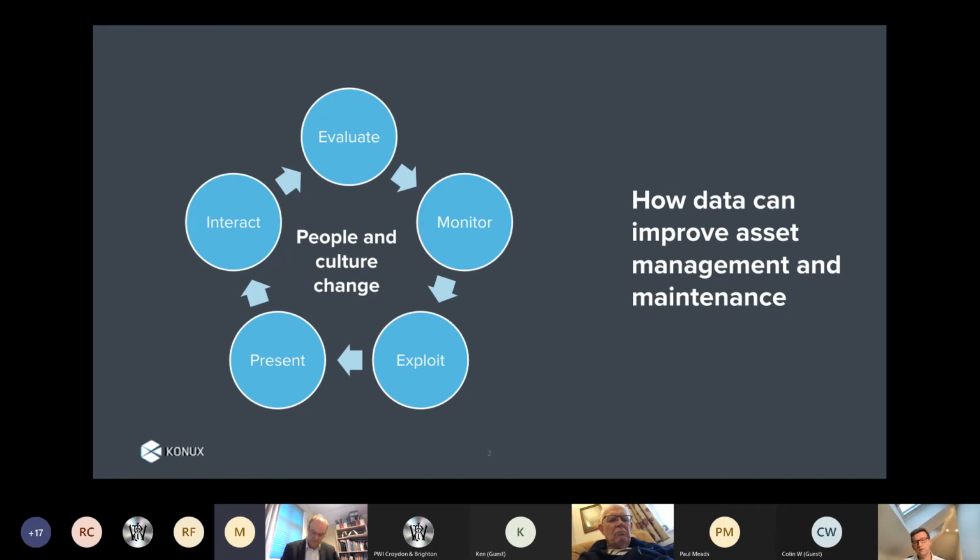And it is a continuum. It's got to keep going around the loop, keep iterating, because technology will evolve, and the ability to exploit that data will continue to evolve. And we've got to do this for every single asset out there, and there are a lot of different asset types, so this is going to be a very long evolution.